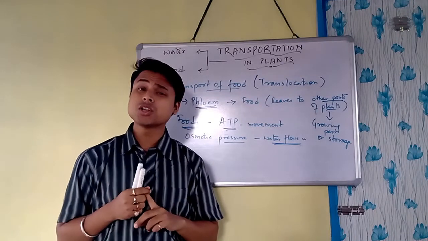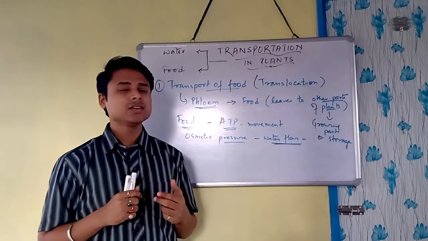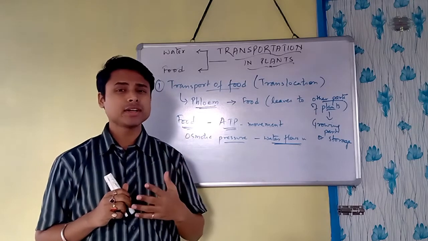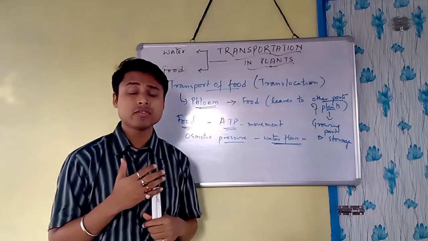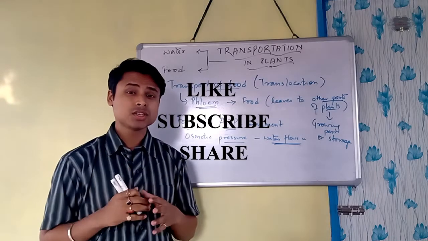Transportation of water takes place with the help of xylem, which we have already studied in class 9, along with the structure of the xylem. And transport of food happens with the help of phloem, and we have seen the phloem structure also. So this is from today's video.